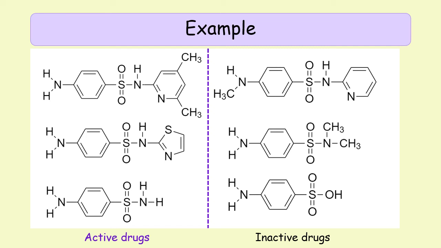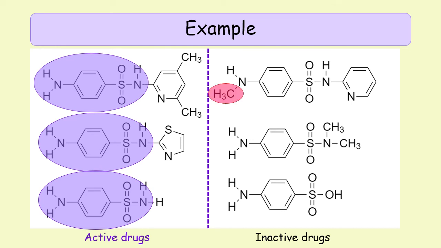Now, when we look at the ones on the right, we can see that in this structural feature that we had on all the molecules on the left, something is different. In the top molecule, instead of an NH2, we've got a CH3 group. That CH3 group has interrupted this part that is necessary.